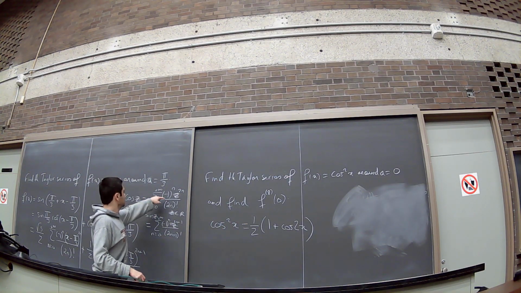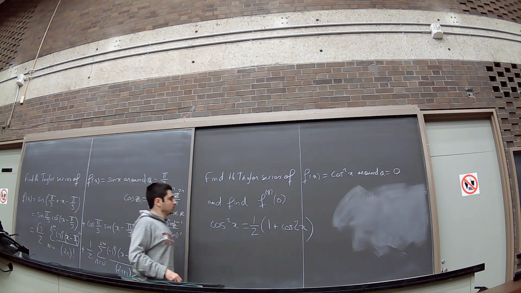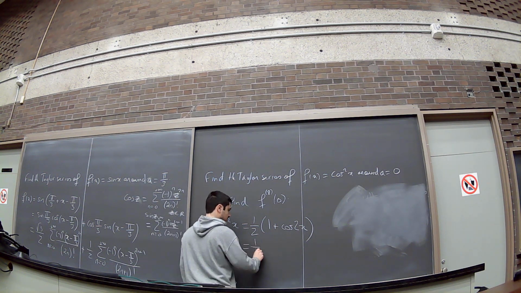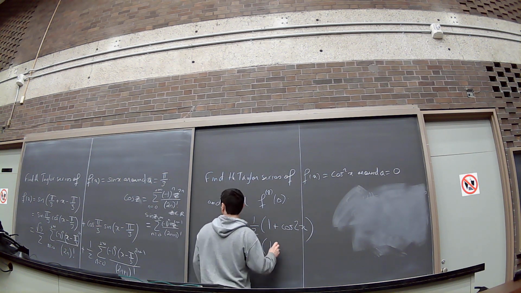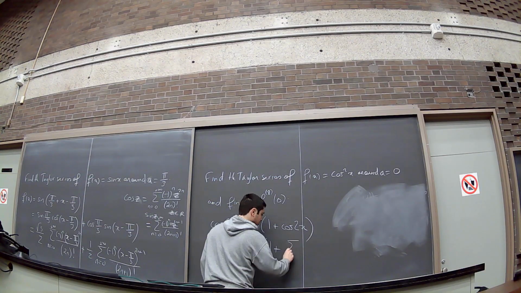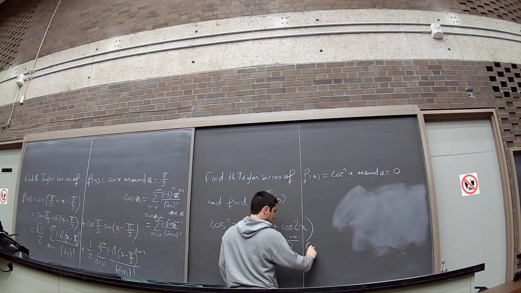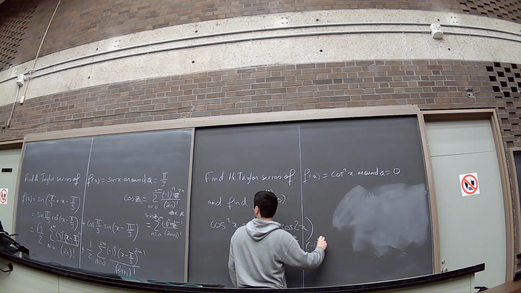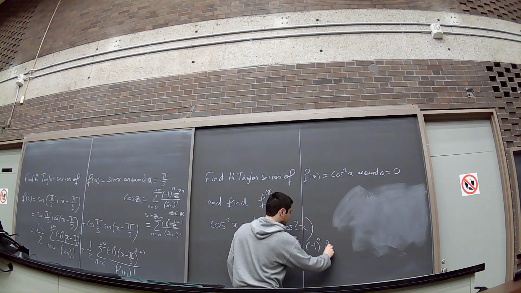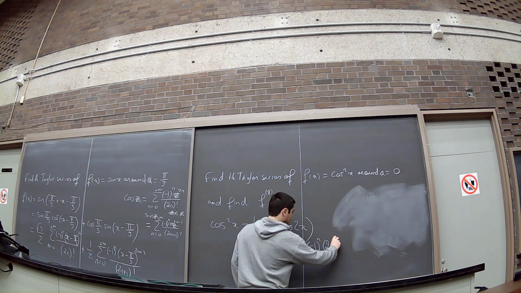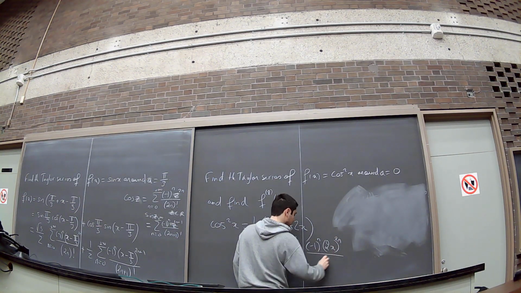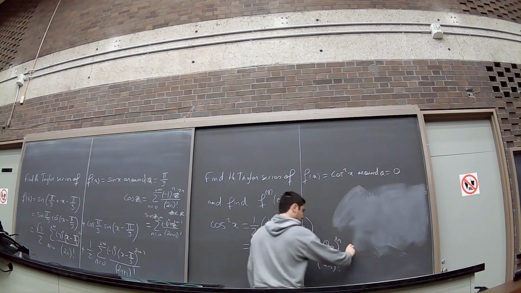Cosine of something is equal to this thing, right? So I get 1/2 times 1 plus the sum n equals 0 to plus infinity, minus 1 to the n, 2x to the 2n over 2n factorial.